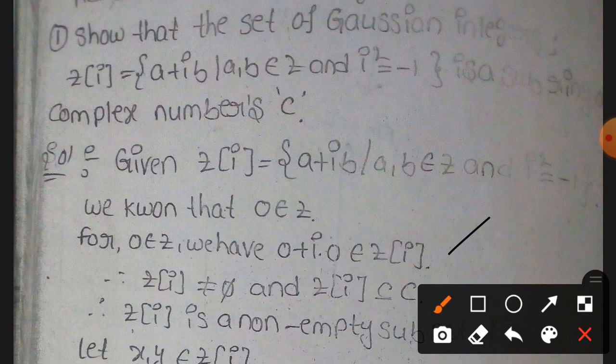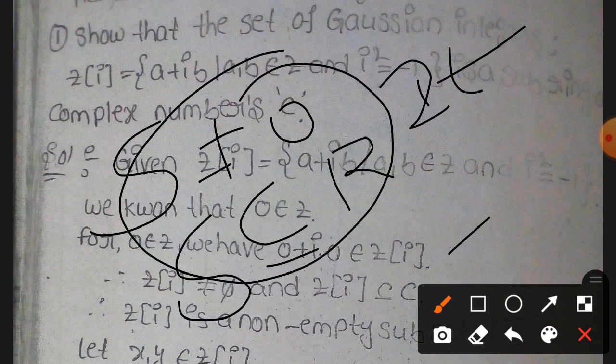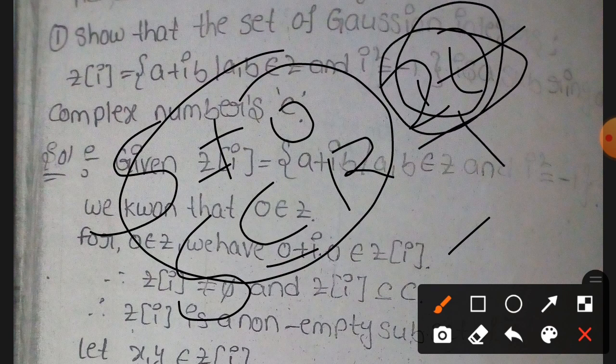By definition, S is a subring if S is not empty, S is a subset of R, and S itself is a ring, satisfying the ring properties. We prove these conditions using the theorem, so mostly we prove the theorem.